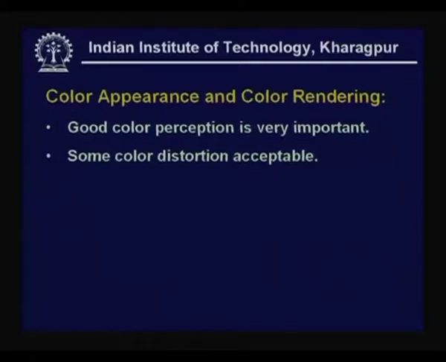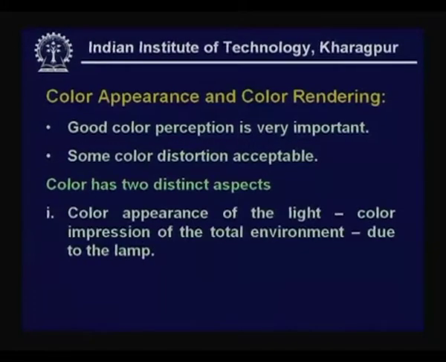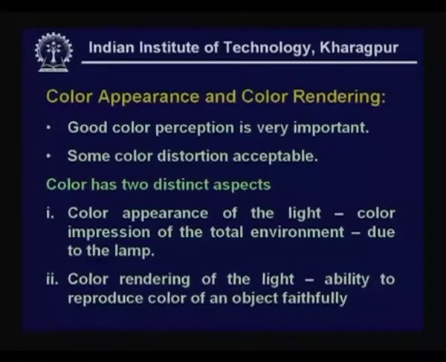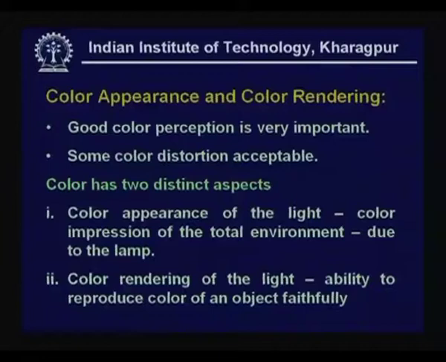Maybe a little color distortion is acceptable, and this has two distinct aspects. One is the color impression of the total environment, which we call the color appearance of the light, which is mainly due to the type of lamps that are used. Incidentally, the lamps used these days are based on metal halide lamps.